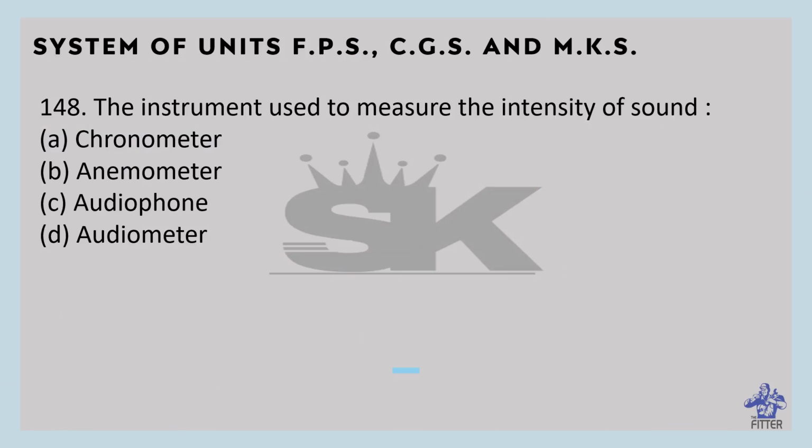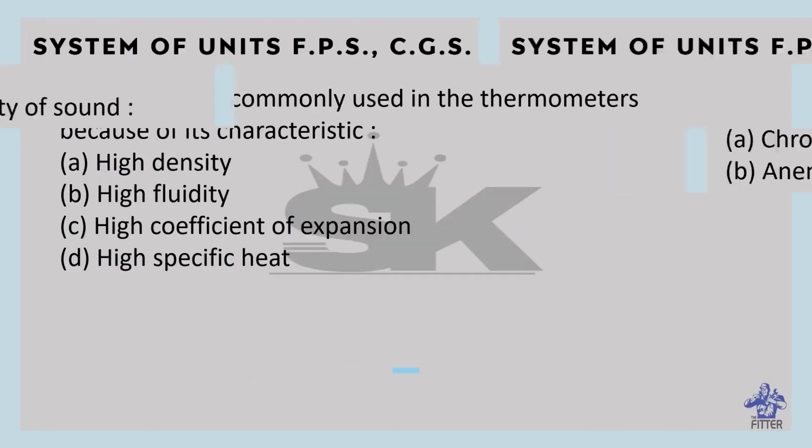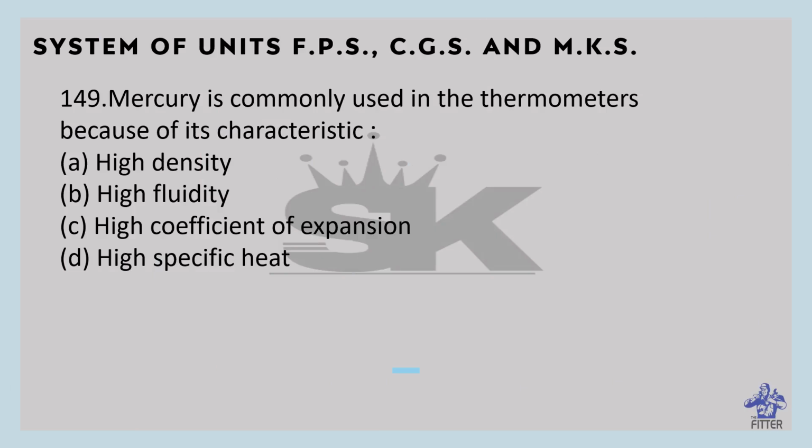The instrument used to measure the intensity of sound is audiometer. Mercury is commonly used in thermometers because of its characteristic of high coefficient of expansion.